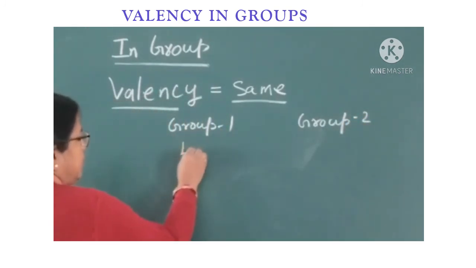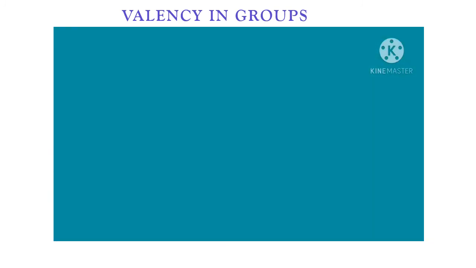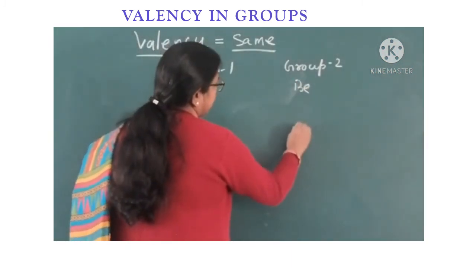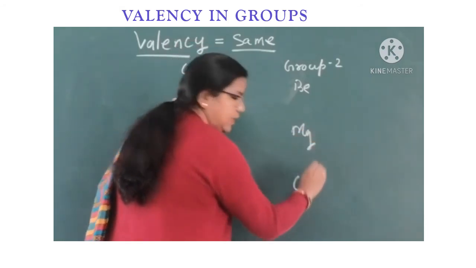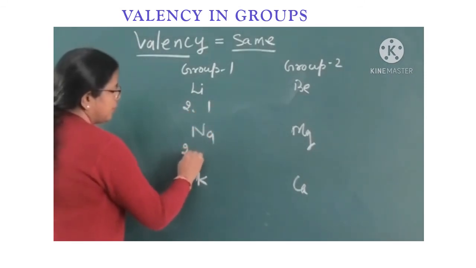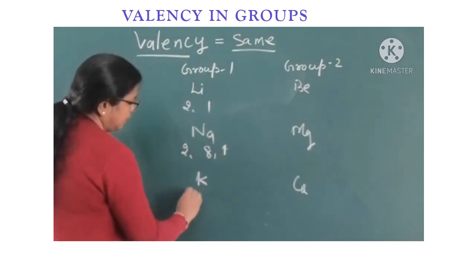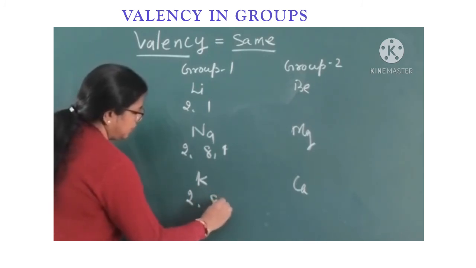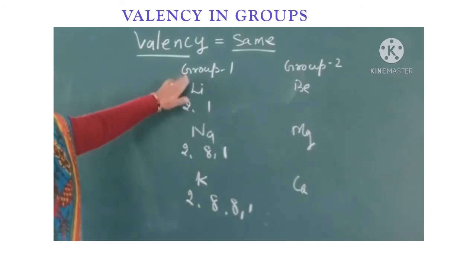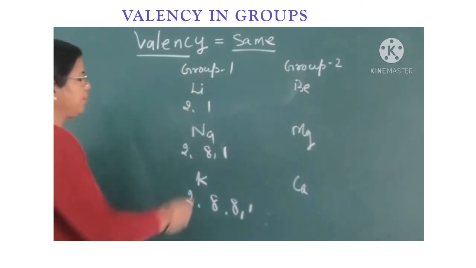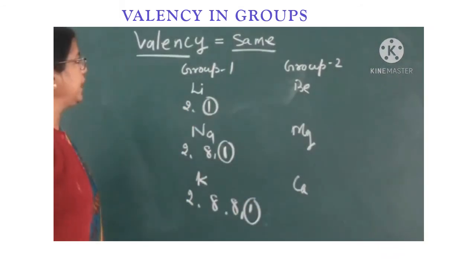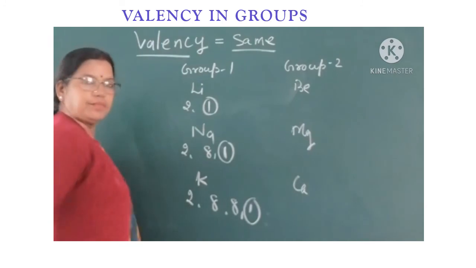In group 1, the elements are lithium, sodium, potassium; group 2, beryllium, magnesium, calcium. If you write the electronic configuration, lithium 2,1, sodium 2,8,1, potassium 2,8,8,1. That means all the elements of group 1 have the same valence electrons, and as they have the same valence electrons, they have the same valency.